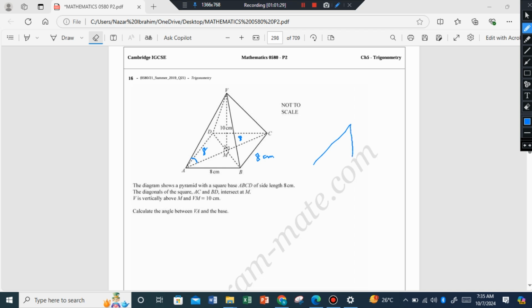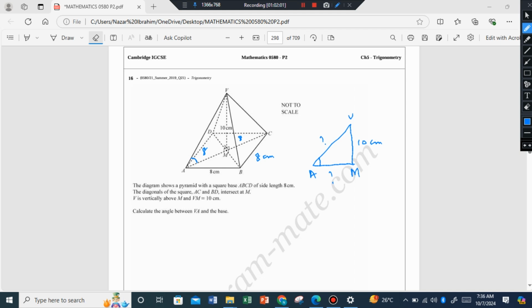VMA. VA is not known to me. VM is known to me, that is 10 centimeter. AM I don't know, and VA also I don't know. I want to calculate the angle forming between the line VA and the base, which is AM, right? Over here.